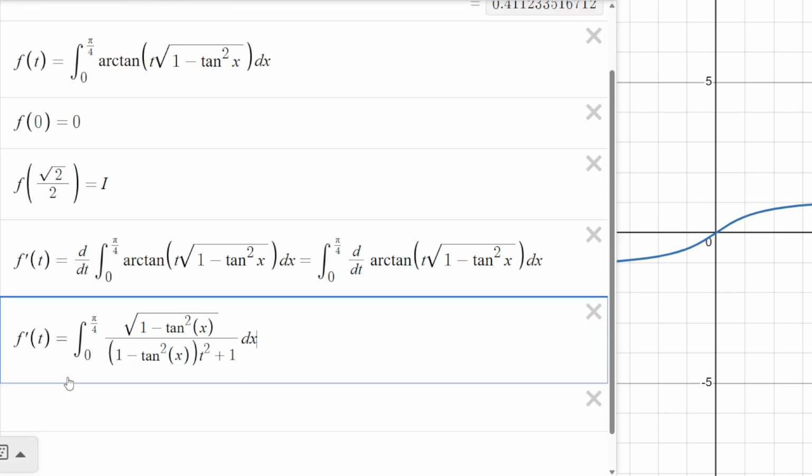This integral is actually solvable with traditional techniques. What you would do first is make the substitution that tangent x is equal to sine u. Now, I know that's kind of a crazy substitution, but it works. Do that, and then use the tangent half angle substitution, which is u is equal to tangent of x over 2.